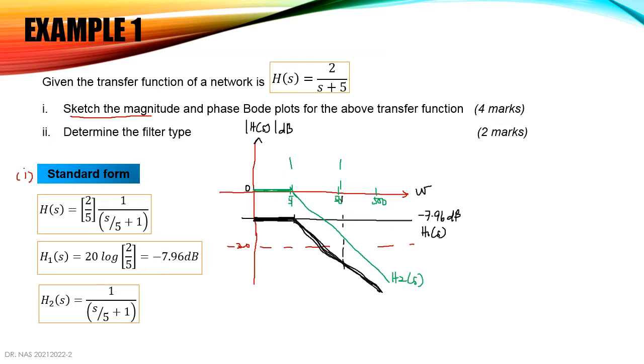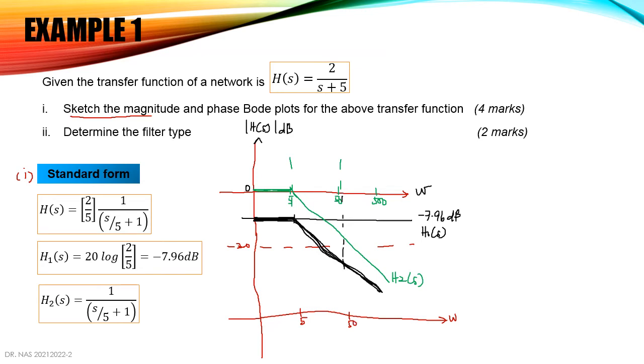This is the magnitude plot, and continue with the phase plot. Okay, so you have constant, so it's 0, and then you have pole at 5, and then 50.